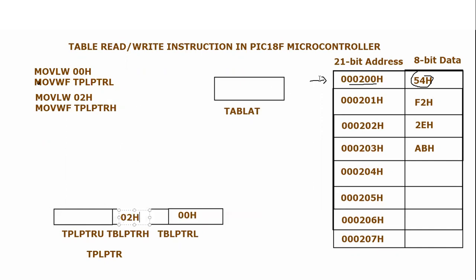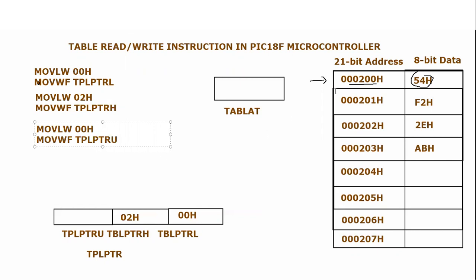The next thing, we will store the table pointer U, the other 8 bits, though eventually these are just 5 bits. Move working to file TBLPTRU; PTR is basically for pointer.